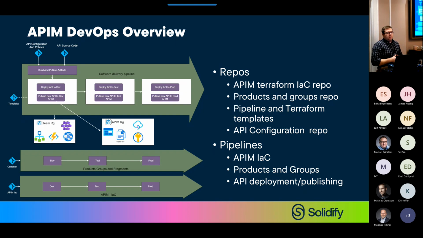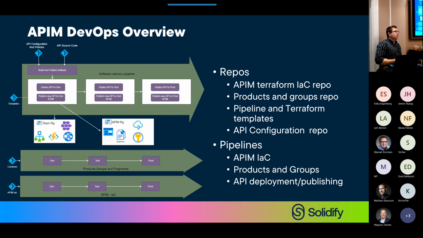Good. So how we did it is that we ended up with several repositories. Some of them are common, and some are team, application, or API specific. We obviously had an API Terraform repository for deploying both the APIM instance and the resources needed for it: key vaults, networking, diagnostics, dashboards, and so on.